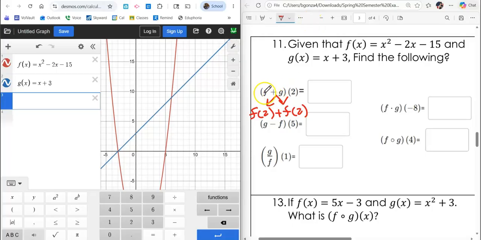Okay, so again, you cannot type this in. It will not work. But you have to split it into two. Because that's the answer, -10.